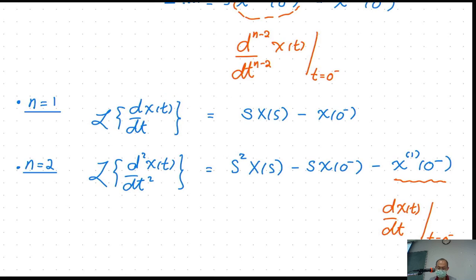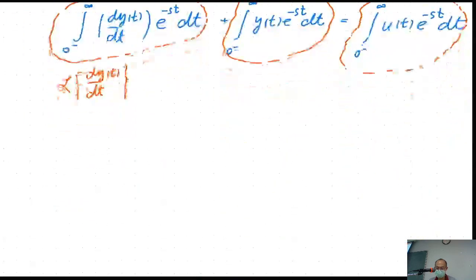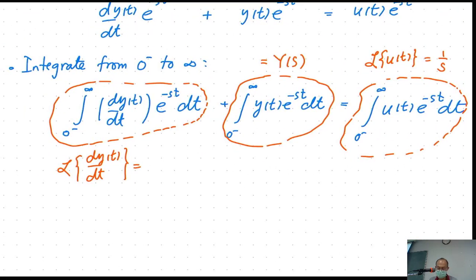This is the case when n is equal to 1. The Laplace transform of dy by dt would be s Y(s) minus y(0 negative). So we plug it in as s Y(s) minus y(0 negative).